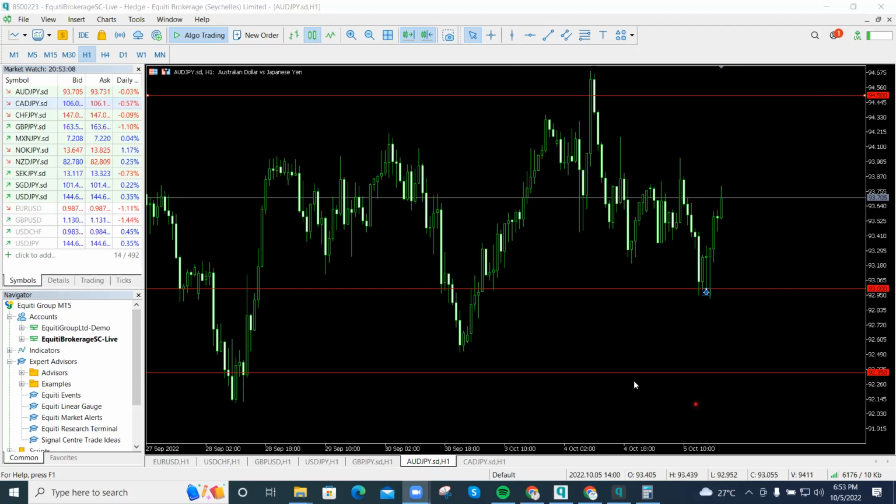If you're risking just 1% of $1,000, that's literally saying you're risking only $10 per trade.